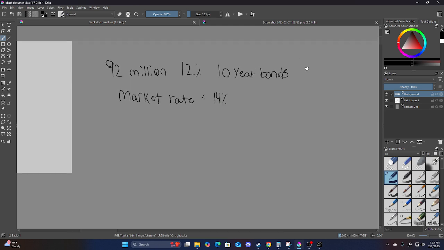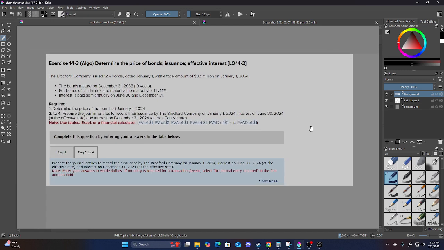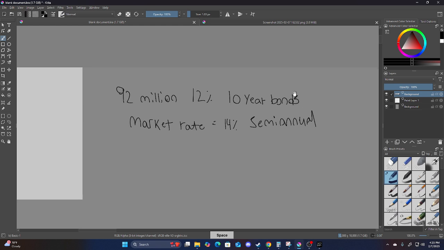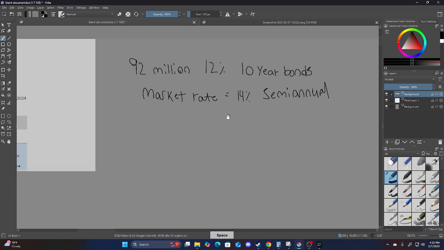So with this information, is it semi-annual? Okay, semi-annual bonds. With this information, we can go ahead and find our N and our I. Your I would be 1/2 the market rate, and your N would be 20, which is twice the number of years.